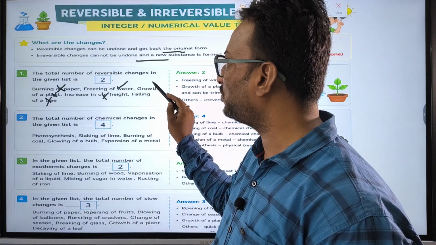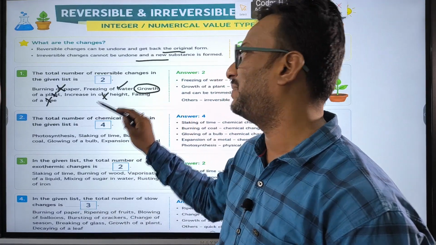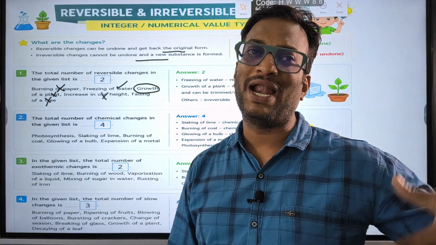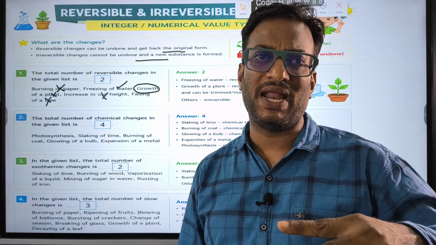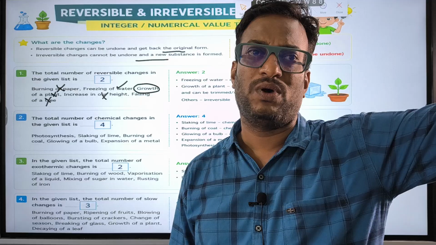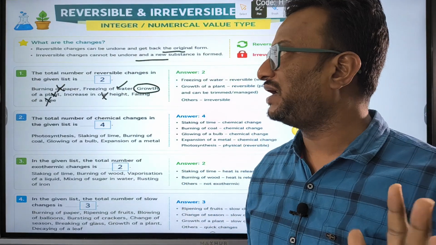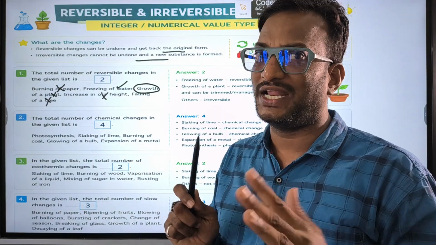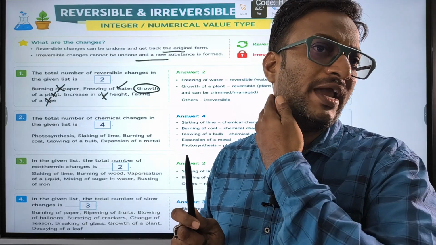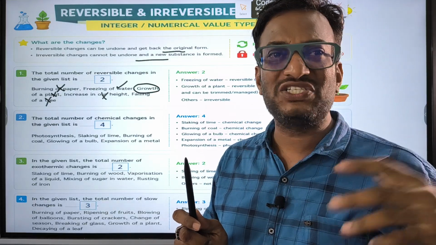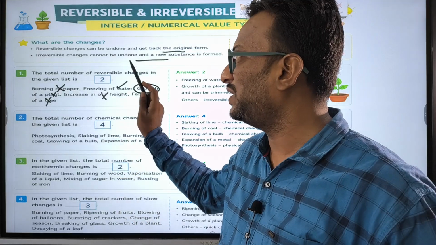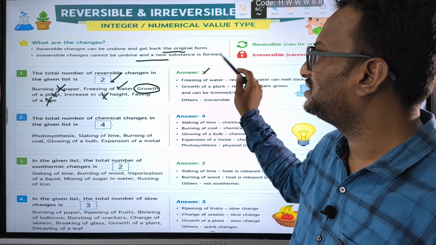You can consider growth of a plant as reversible to some extent, because if the plant grows we can cut it, and then further it will grow. To some extent, growth of plant is also a reversible process. So the answer is 2.